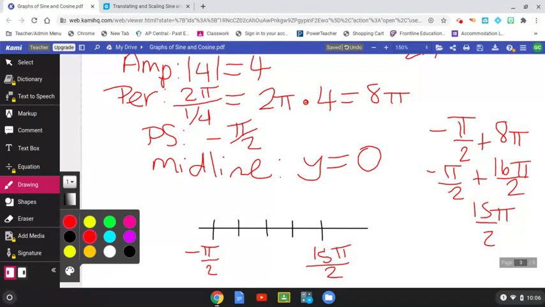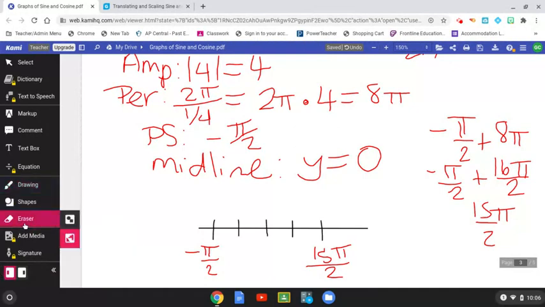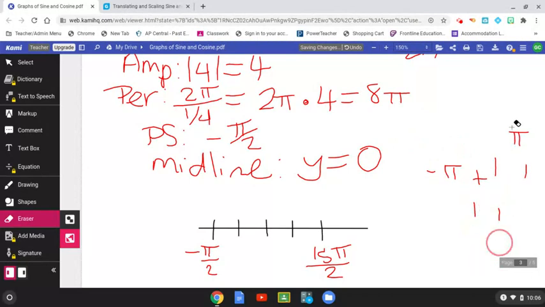To find the middle, and usually I just require my students to label 3 of the points or tick marks. So to label the middle, we basically are finding the midpoint between negative pi over 2 and 15 pi over 2.